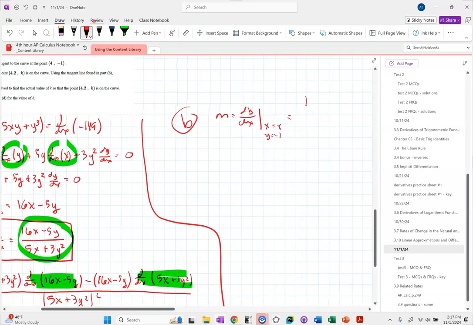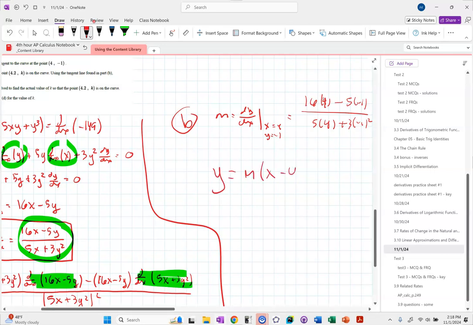So I'm going to have 16 times 1 minus 5 times -1 over 5 times 4 plus 3 times -1 squared. Right, whatever that number is. And then you just do y equals m times (x minus 4) plus y. Right, whatever that number is.